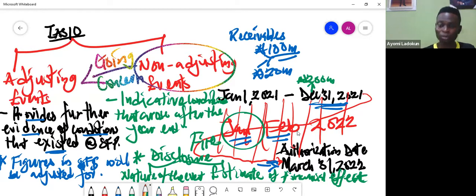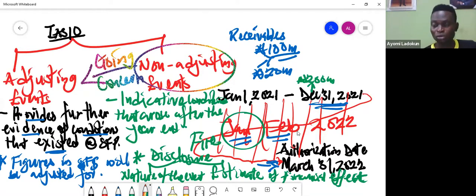Then what happens to your profit? It goes up towards the year end. Then after the year end, around January or February, you reverse those transactions. When you reverse it, it will affect the last year's account, okay? And that is window dressing. So if IAS10 is not applied properly, it could lead to window dressing.